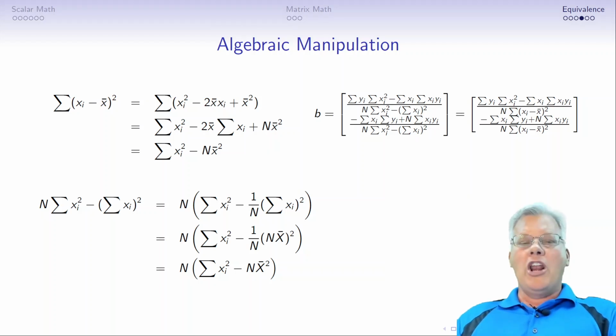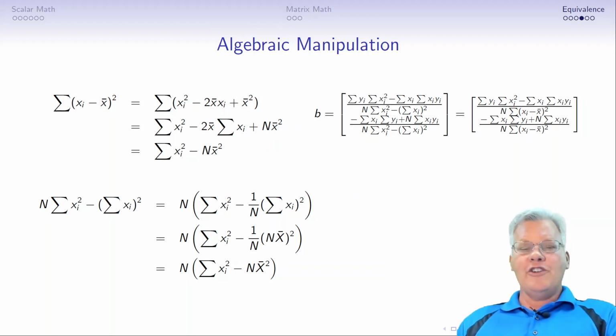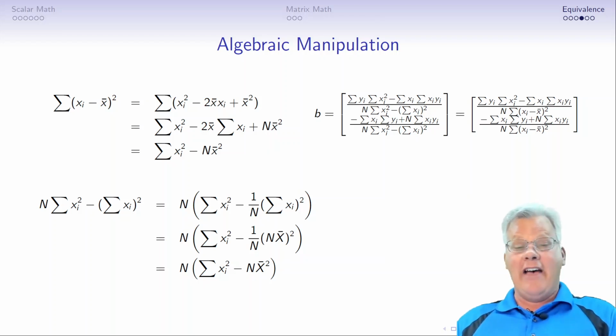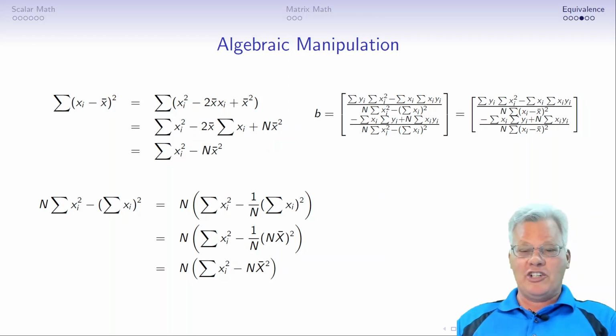In the bottom of the first column, the first thing I'm going to do is factor n out of that expression. So I can do that by factoring the n out of the first piece directly, but then if I factor n out of the second piece, because it didn't have an n to begin with, what I'm left with is 1 over n. So these two expressions are equivalent.